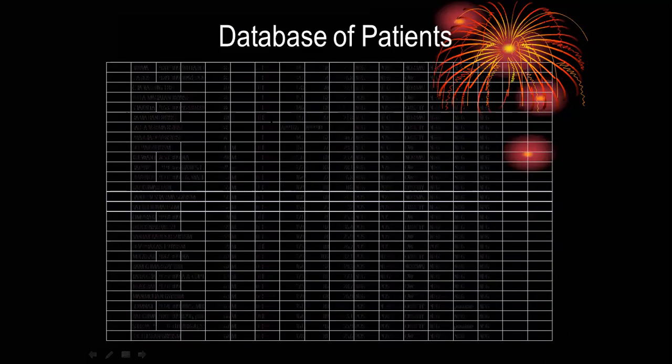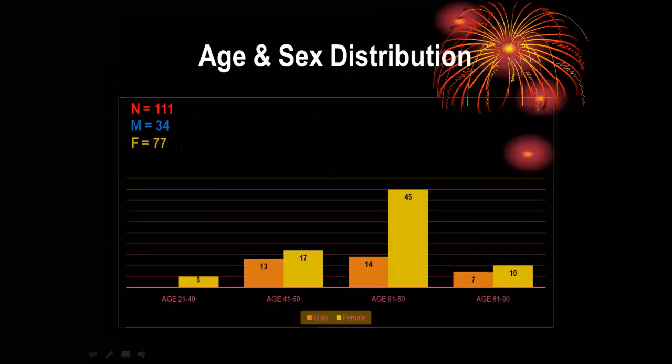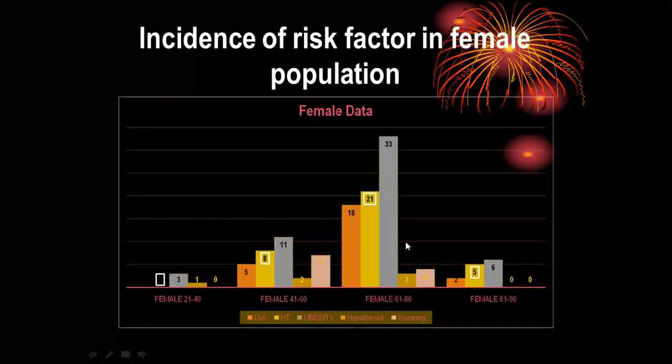This is the database, which is not seen very clearly out here. This is the Indian population data, age and sex distribution. Look, this is male, this is female. The majority of incidence in these subjects is between 60 to 80 years of age. Most of them are females.